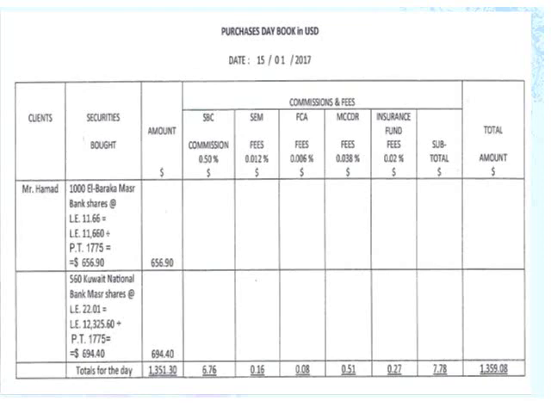The SBC commission is $6.76. The SEM, the FCA, the MCDR, and the insurance together make $7.75. These are the amounts added to the purchase price of these two securities.